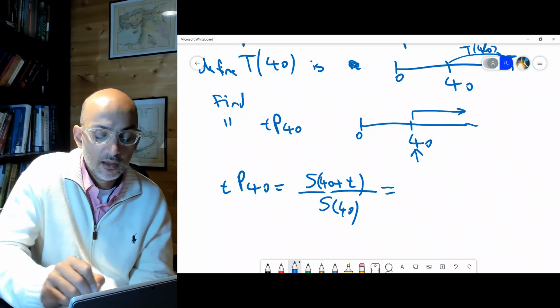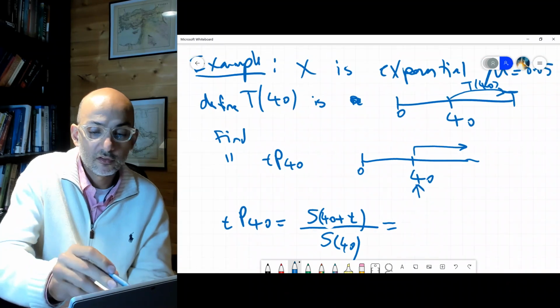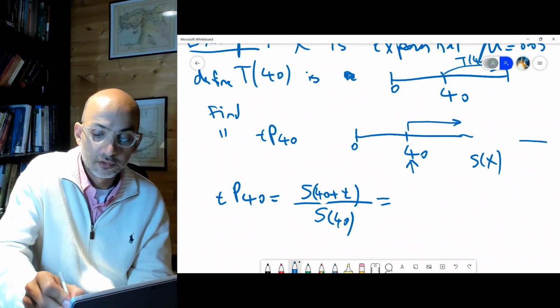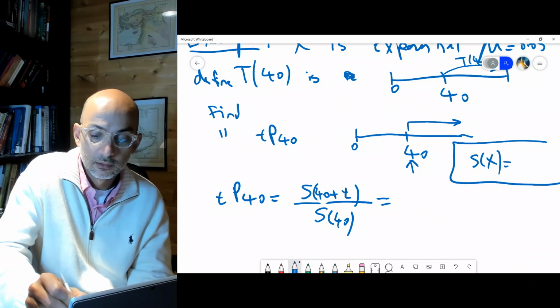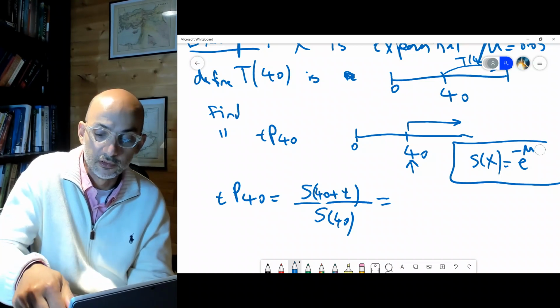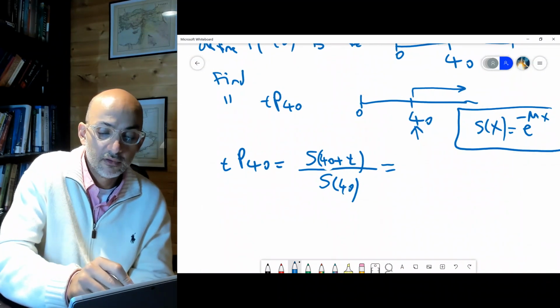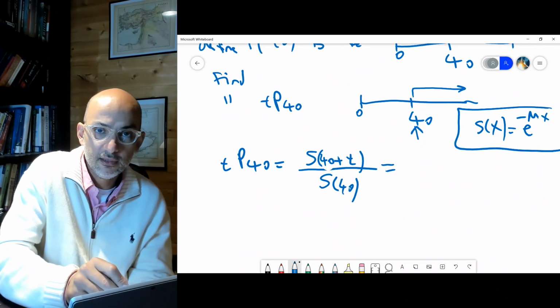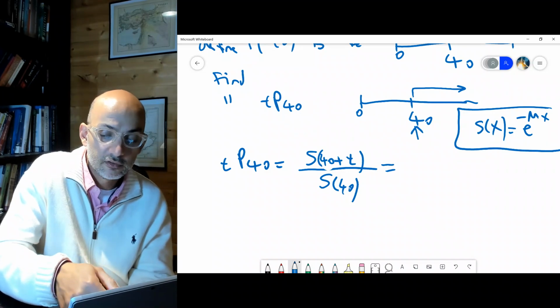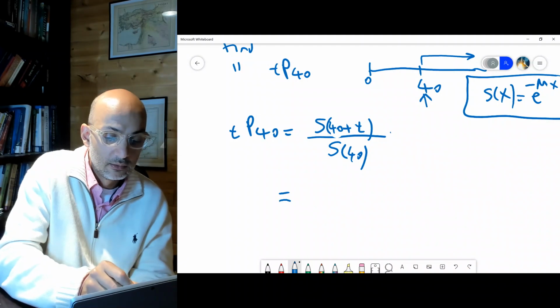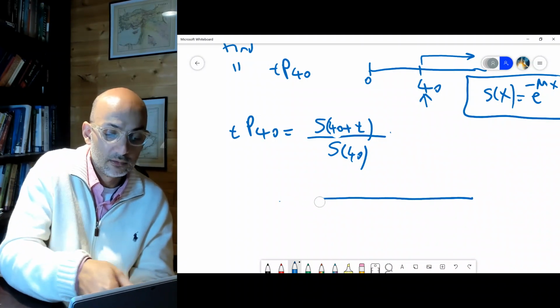And remember this is an exponential distribution. S of x for exponential is e to the minus mu x, right? This is the general form. So here we have 40, and the t is our x, the variable. So this one can be written in a simple way. Let me give myself more space.